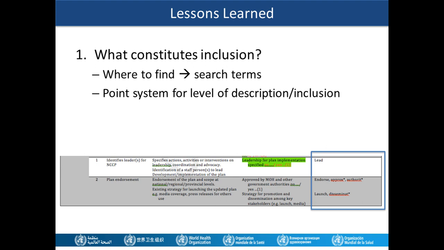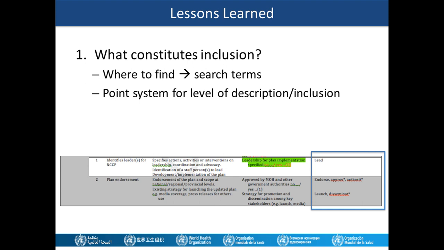The other thing that we found was that it's quite cumbersome, because some of these plans, as you can imagine, are 100 pages long, and if a country has a National Cancer Control Plan, plus an NCD plan, plus a tobacco plan, all of these we intended to review. So we found it was helpful to start creating key search terms to make sure that at the minimum we would look for these specific terms as a way to say whether or not the country had included that key element.